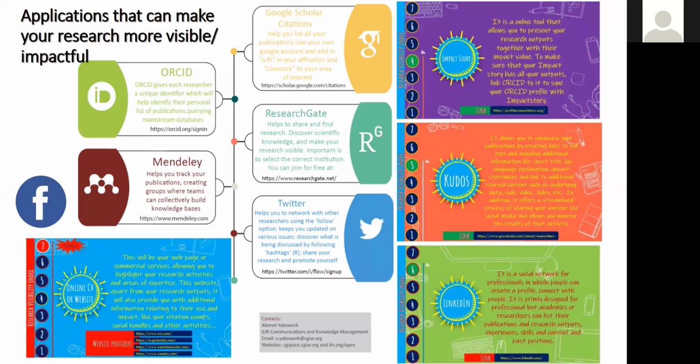But when you have the chance, just do a search. It's quite straightforward. You can just put a keyword search on all the things that you see on the screen. I will make this site available for you. Try to have an account in as many of these as possible, because this will allow you to be more visible as a researcher. So take some time to create an account.